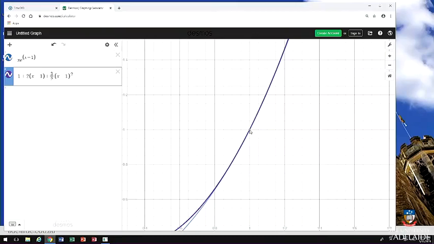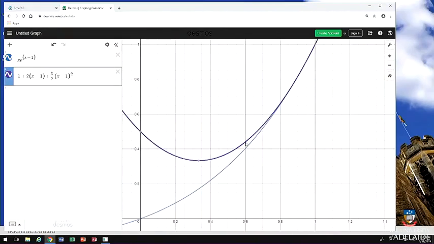And you would like to know, if I pick a specific x, can I figure out how far away the real function is from the Taylor polynomial? That's what I would like to do. I mean, obviously, if I draw them, I can actually calculate that distance myself.